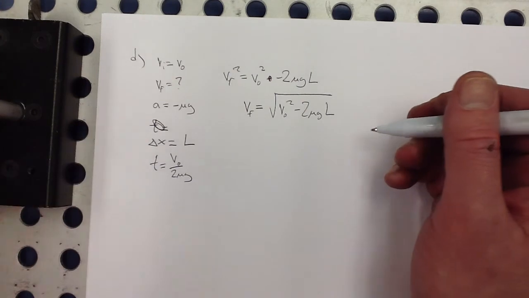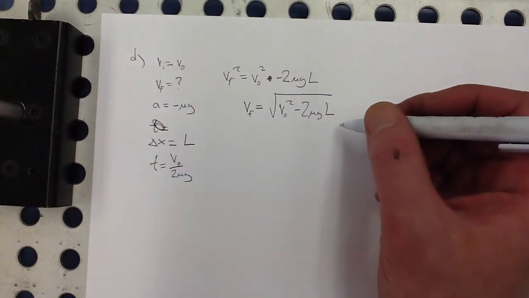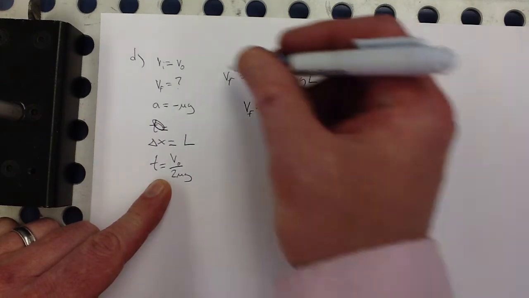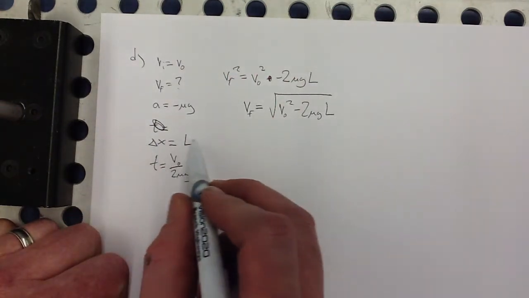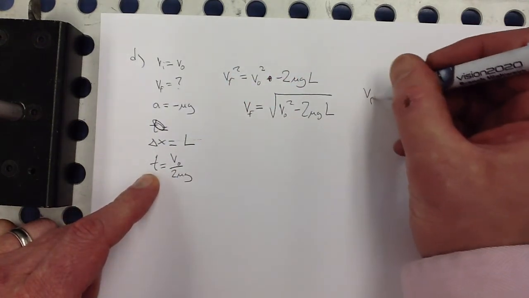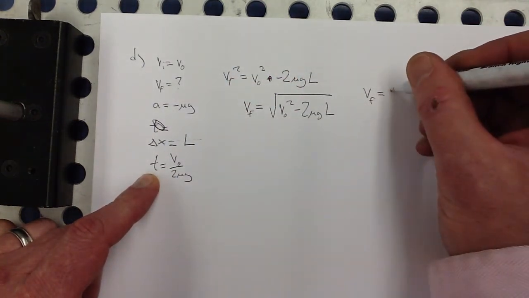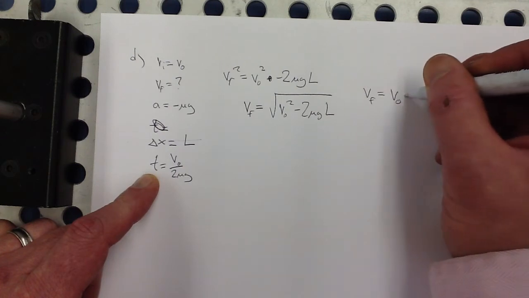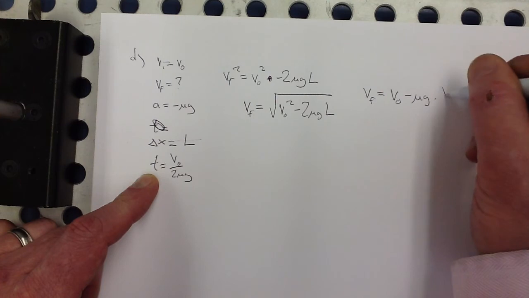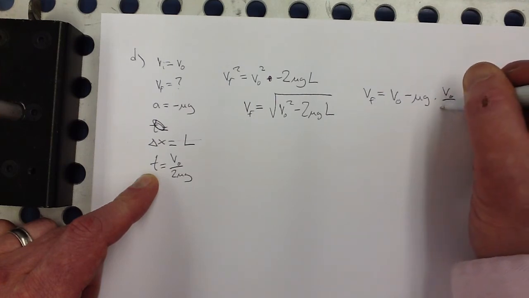And that might also be a key to getting an expression for L, right? So let's see what that looks like. Then if we pretend we didn't know this, then we would have VI, VF, A, and T. So that would just be final velocity is equal to initial velocity plus acceleration times time.